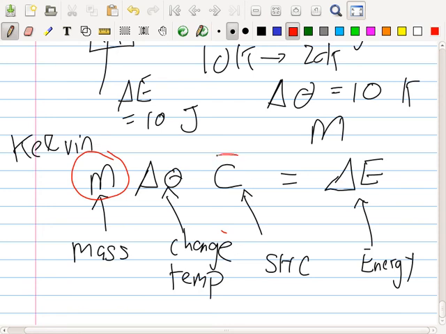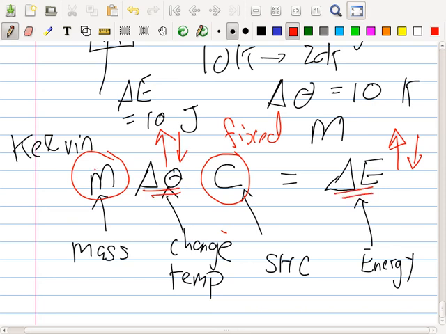So this is fixed. If I make this bigger, what happens to this? Bigger. And if I make the energy smaller, that's smaller. So it makes sense that this is here and this is here.